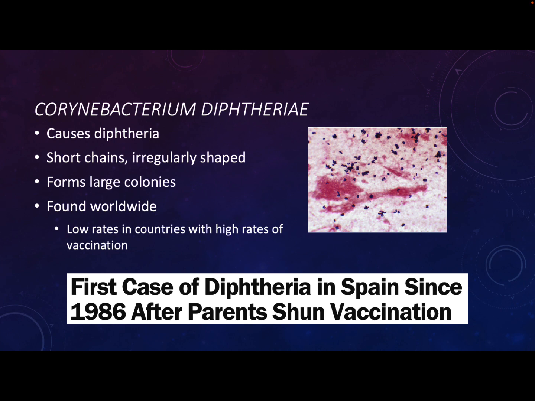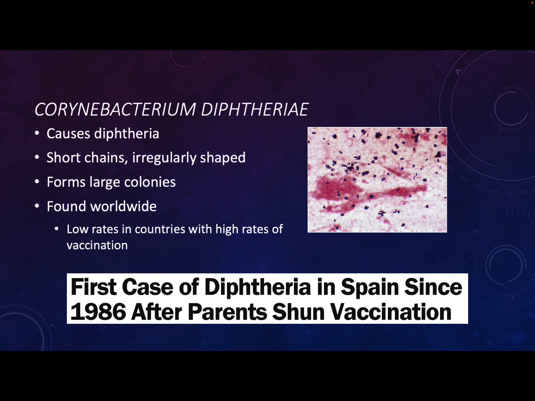And sometimes when you have these short rods, the other term they might use to describe them is coccobacillus, like it's a mix between a coccus and a bacillus. So if you describe them as coccobacillus, that's okay too. Both listeria and diphtheria, because they're these short rods, are sometimes called coccobacillus.